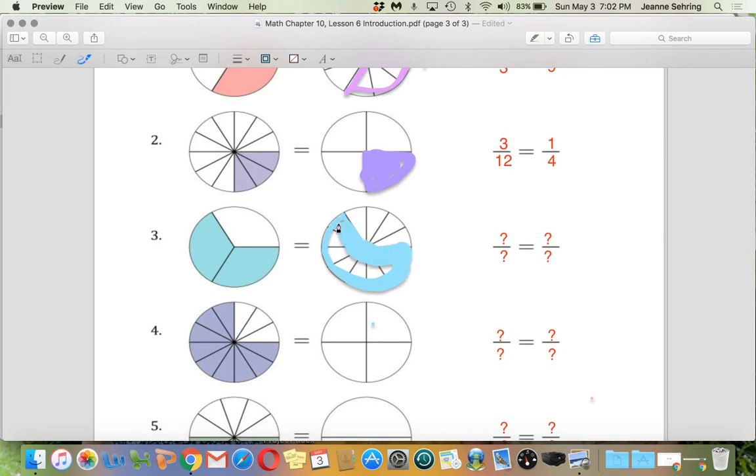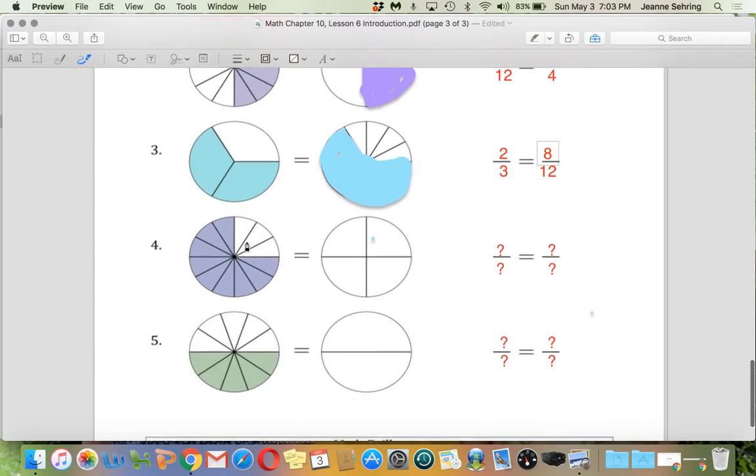Whoops, my shading's getting crazy, but it's okay. We're going to pretend it's the same. So on this fraction, I have 2 parts shaded over 3 total parts. In this fraction, there were 12 total parts, and 8 of them are shaded. And those 2 fractions would be equivalent or equal.